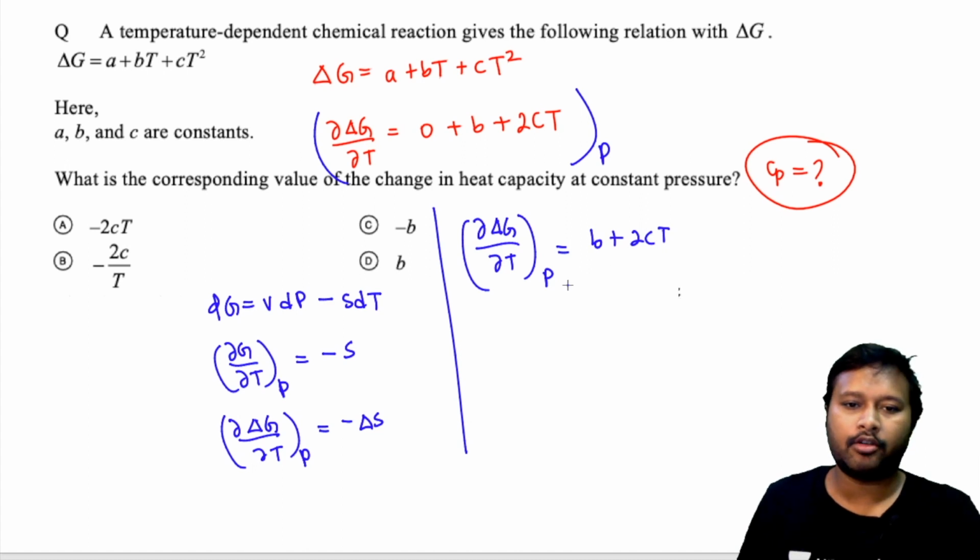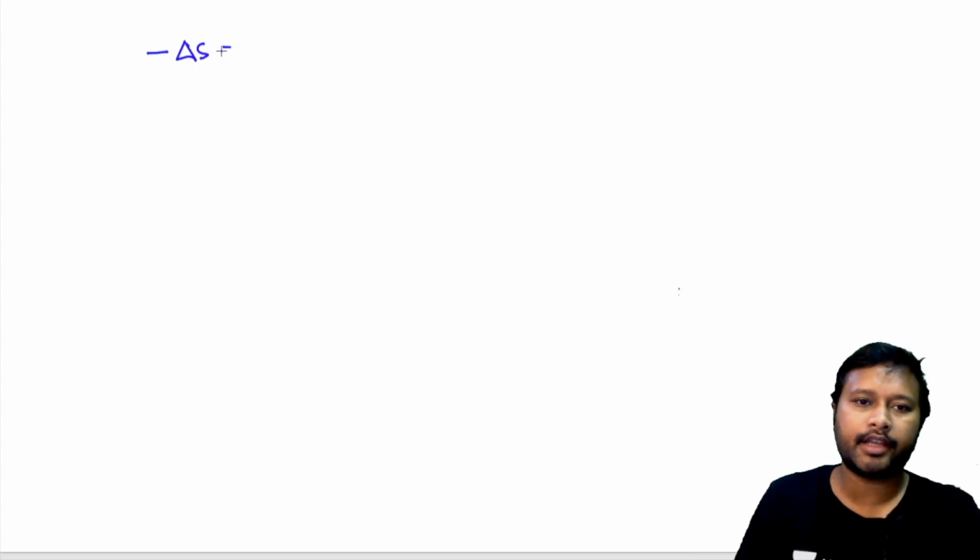Alright. Now on equating both these equations, let it be equation number 1, this as equation number 2. On equating both of them, I will get minus delta S is equals to this much. So minus delta S is equals to, this is going to be B plus 2CT. Alright, so I have got the value of entropy.